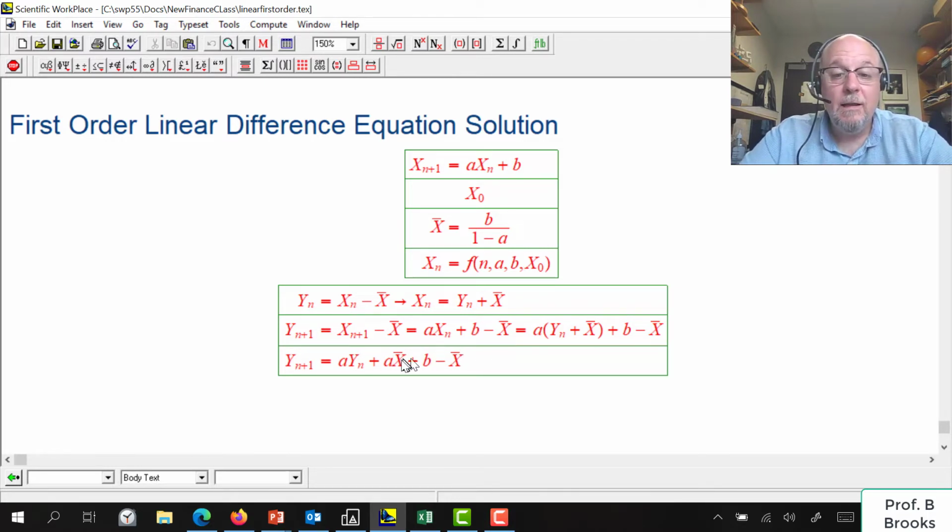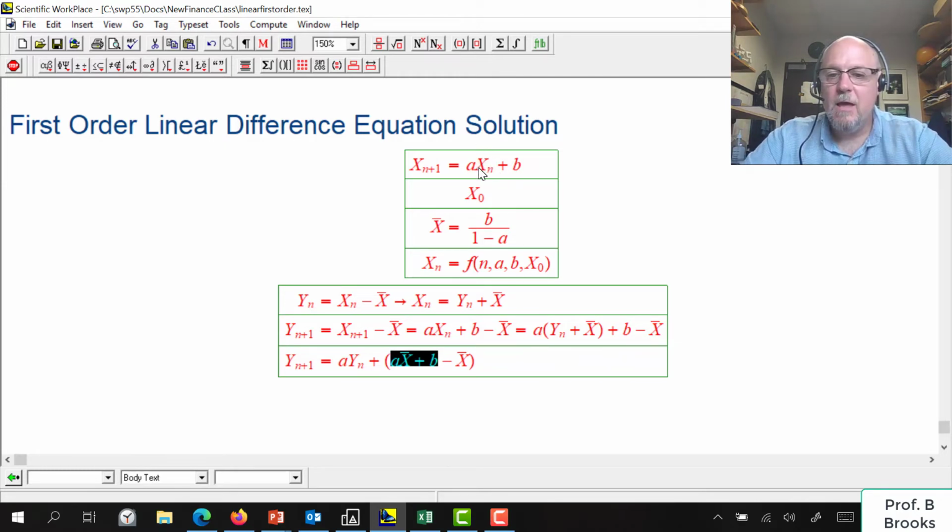Now, let's look at this piece here, and you'll see why we did this. A times the equilibrium plus b minus the equilibrium. Well, actually, a times the equilibrium plus b, that highlighted piece is the equilibrium. That's how we find the equilibrium in the first place.